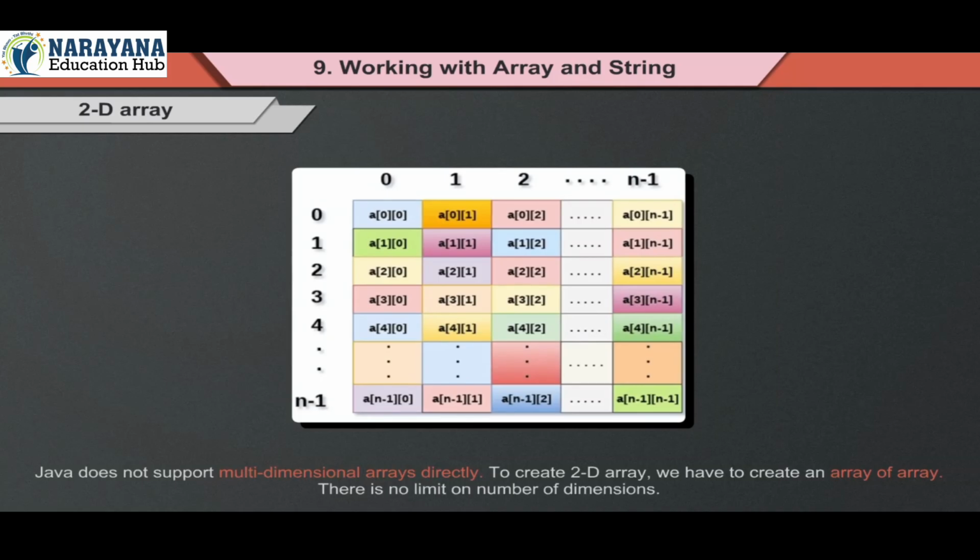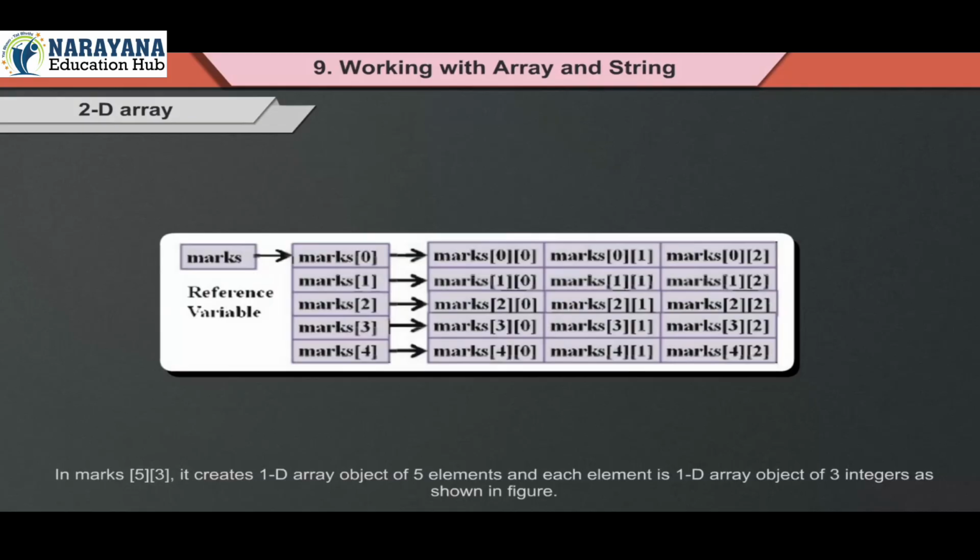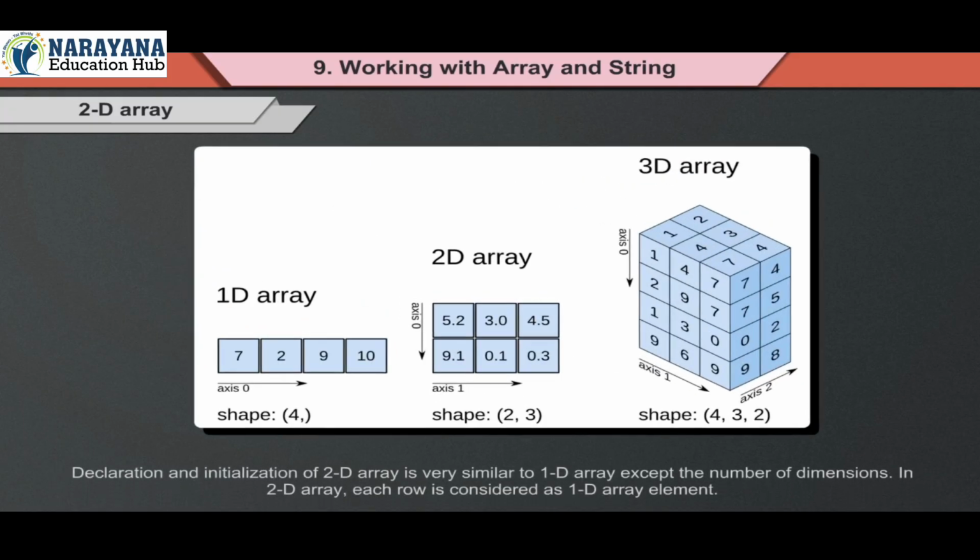Java does not support multidimensional arrays directly. To create a 2D array, we have to create an array of arrays. There is no limit on the number of dimensions. In marks = new int[5][3], it creates a 1D array object of 5 elements and each element is a 1D array object of 3 integers as shown in the figure.